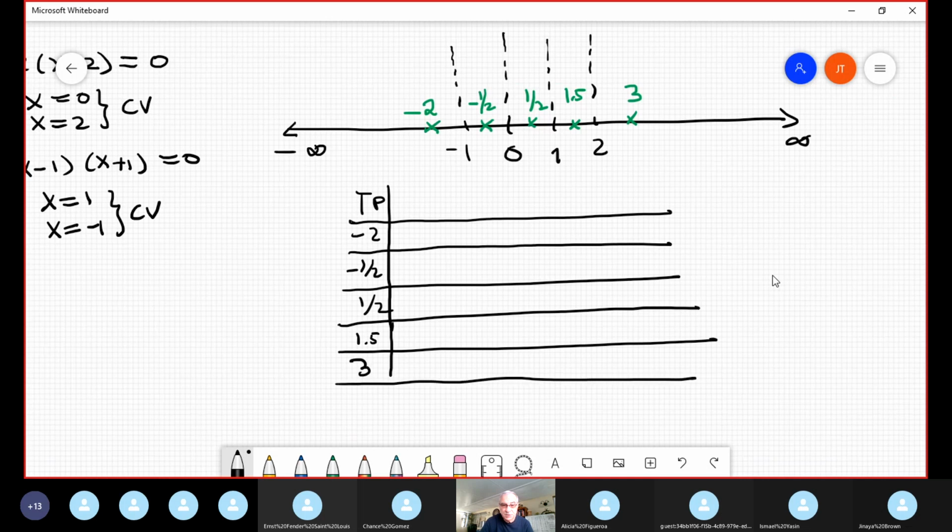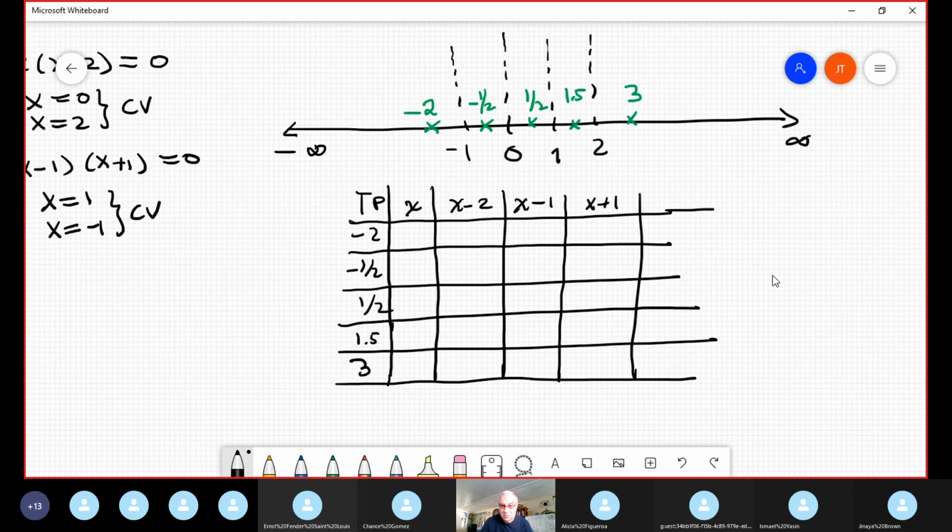You need to use it in this example. In the column, I put a factor. The factor is x in the top. It doesn't matter, the order is not important. x minus 2, x minus 1. This is too long, but it's not complicated. x plus 1. And remember the super important column is total, in which you summarize everything.